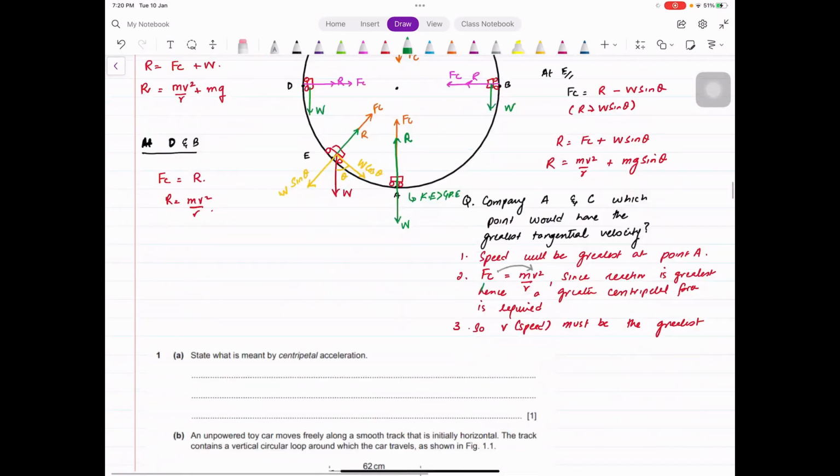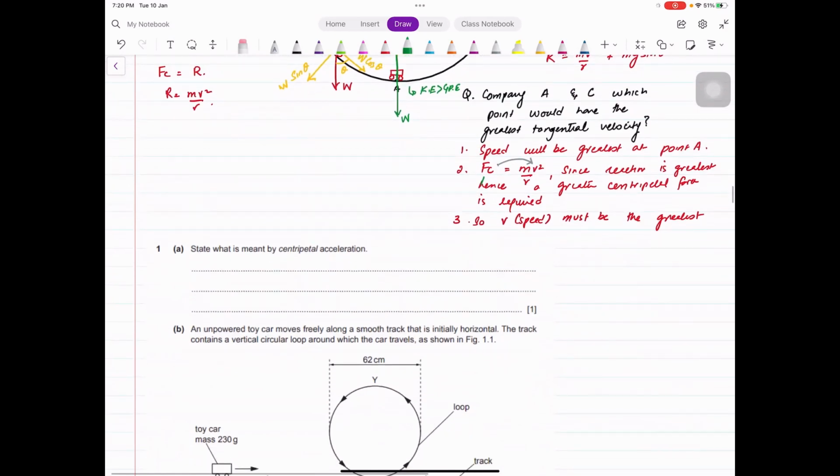Now, going to the question. This question says, what is meant by centripetal acceleration?